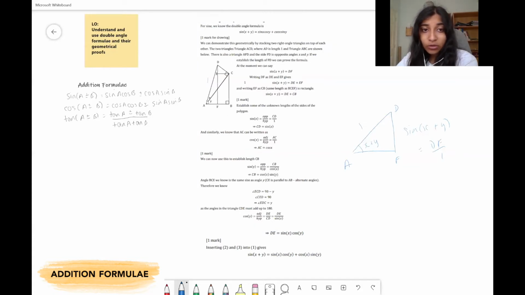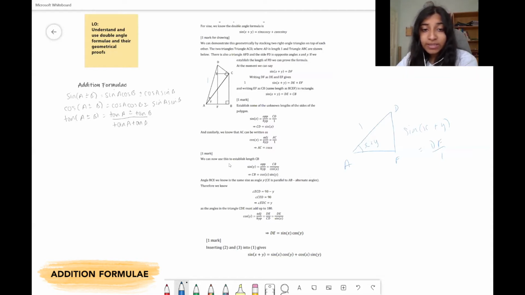So sine x is CD over 1, which is just CD. Similarly, cos x is the adjacent, which is AC, over the hypotenuse, which is 1. That means AC is equal to cos x.